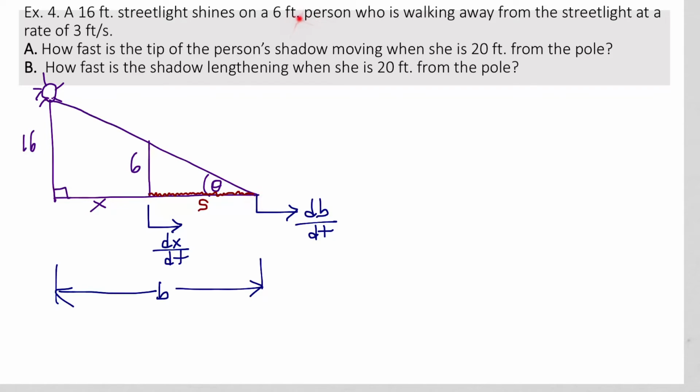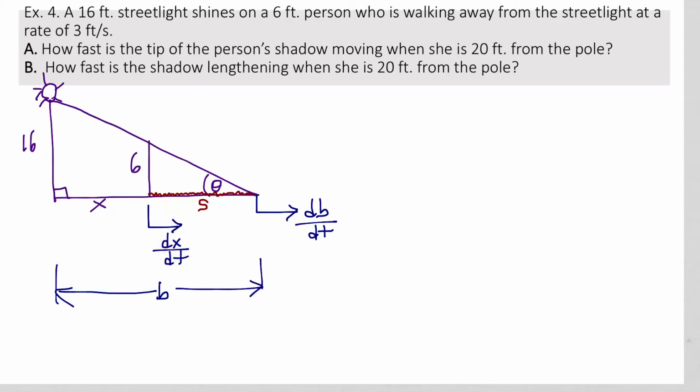So this 6-foot person is walking away from the street light, and I've indicated that by this arrow here. This distance x is the distance between the street light and the person. So the person's speed is the change in this length x with respect to time.